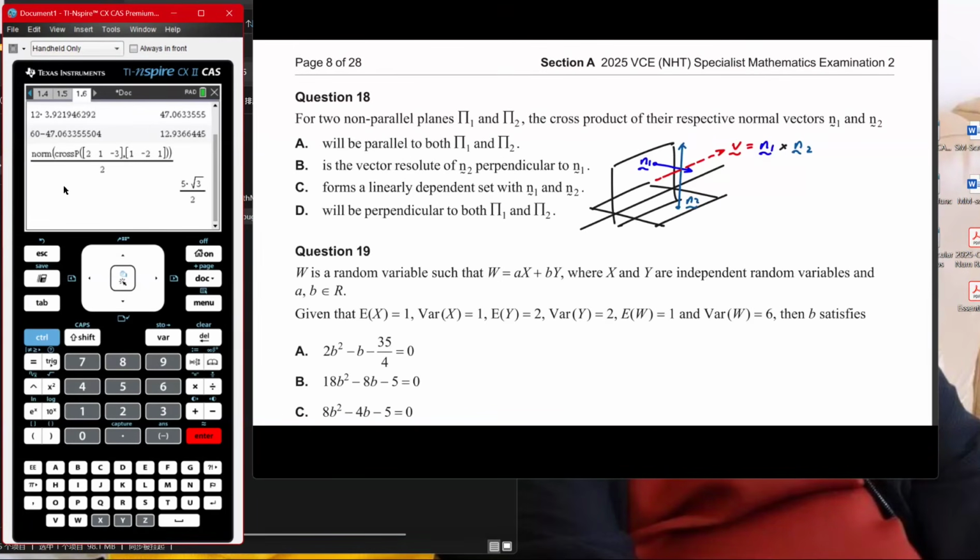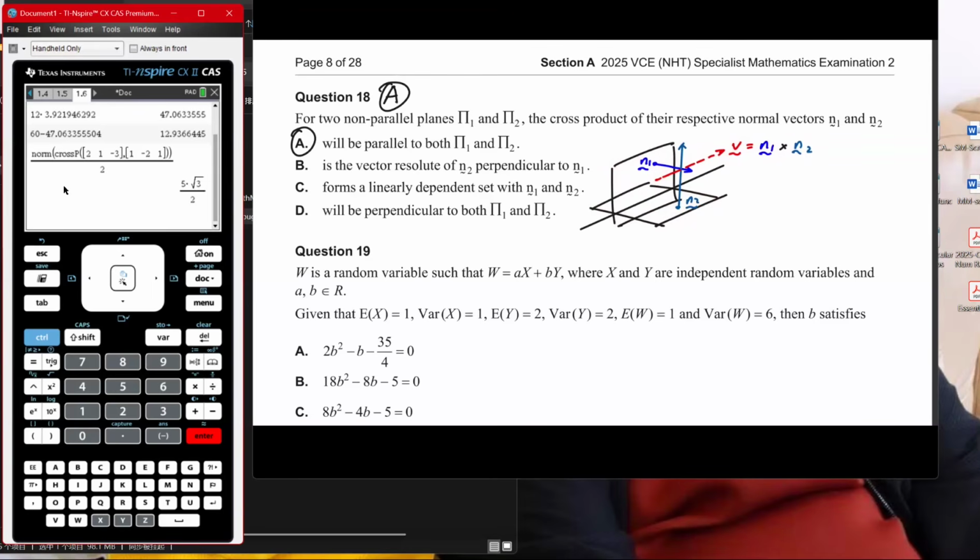First option is parallel to both pi 1 and pi 2. Yes, that's true, because if you look at this line, this is a line in the direction of the cross product of n1 and n2, and it does not belong to this plane or this one, so it has to be parallel. Option A. This is a terrific conceptual understanding question.